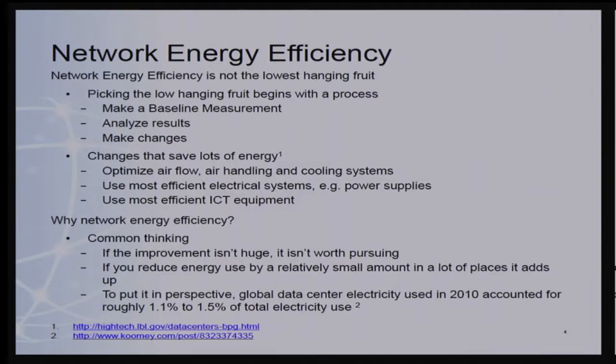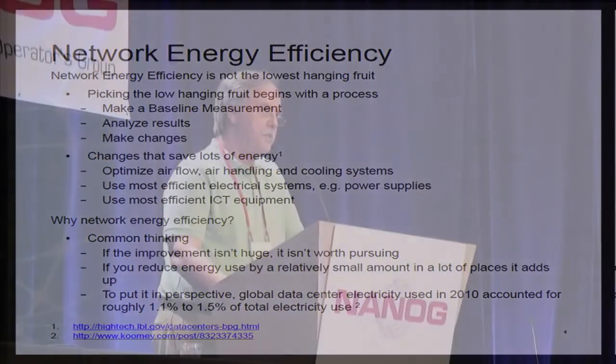So, network energy efficiency. It's not exactly the lowest hanging fruit in the energy efficiency world. If you have been following how to make your data center, for example, more efficient, you wouldn't think of using the network as the first place to start to achieve energy efficiency.